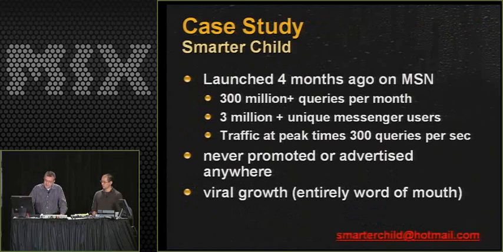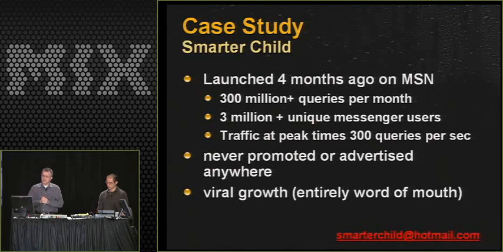So, quick case study. We have a bot that we're using internally. We use it for testing. It's called SmarterChild, which we launched, or relaunched I guess, on MSN 4 months ago. SmarterChild, very quickly for the people that have not used it, is basically a fairly general purpose bot that does information access like news, movie times, yellow pages, things like that, but also is a chatbot, and provides games, that kind of thing.